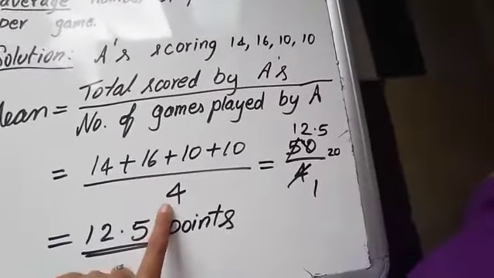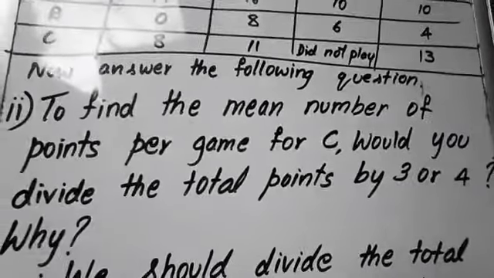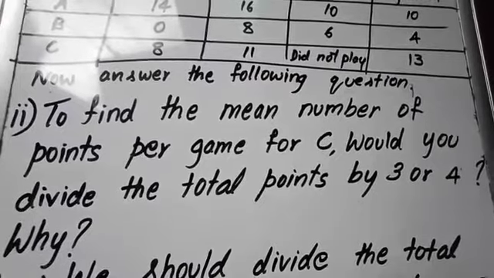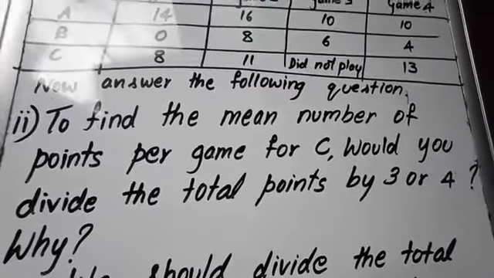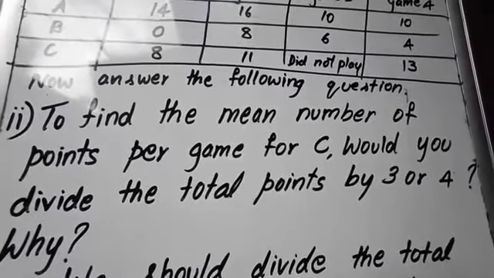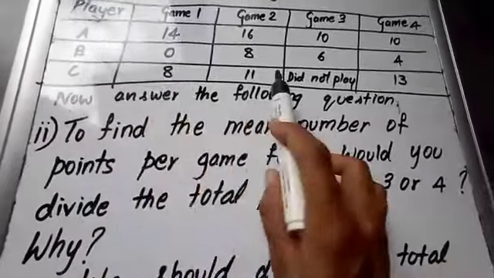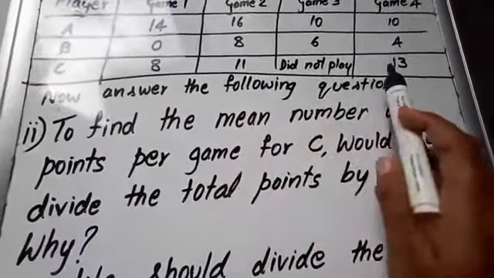Students, in the second sub question: to find the mean number of points per game for C, would you divide the total points by 3 or 4? Why? Dear students, to check your presence of mind, they are giving this type of question. You can observe that C has played only 1, 2 and 3 times.